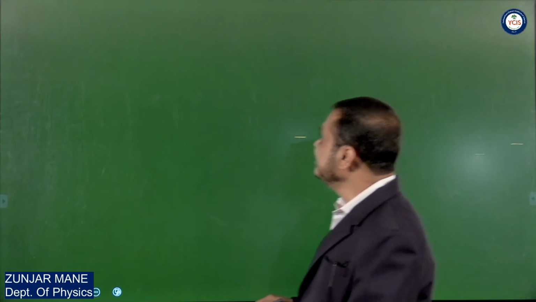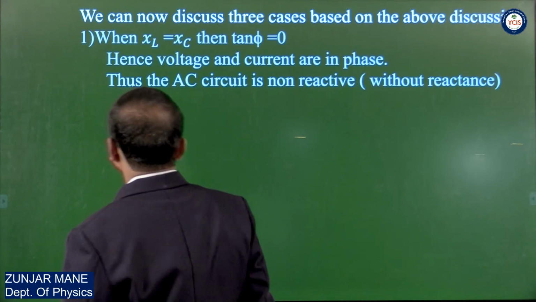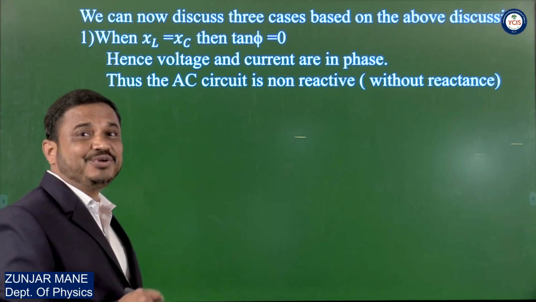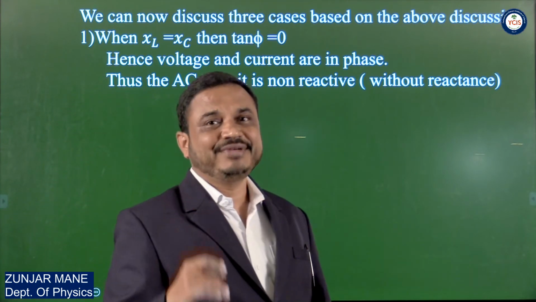So let us discuss the three cases. The first case, when XL is equal to XC, that is, the inductive reactance is equal to the capacitive reactance.